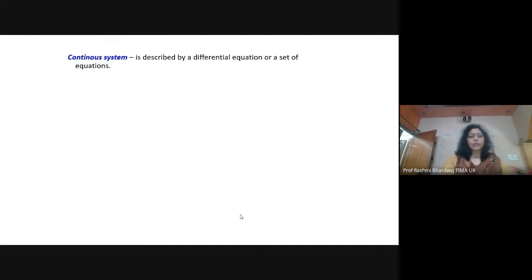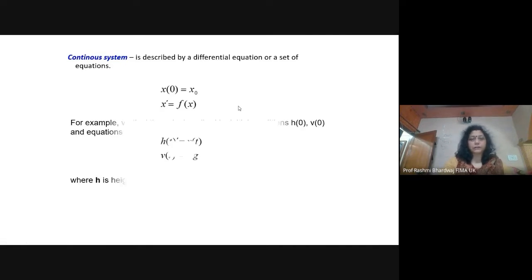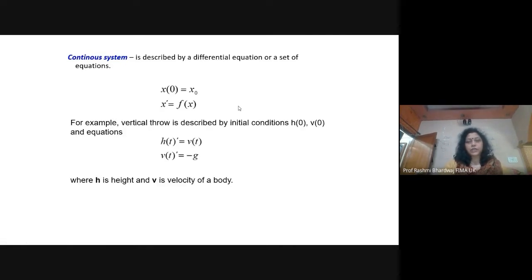Now, if we are talking about the continuous system, it is described by a differential equation or a set of equations, normally defined as x dash equal to f of x, with the initial condition x of 0 equal to x naught. All the functions depend on the initial values, because we do not get a solution in closed form. That's why it is required to find the initial value.